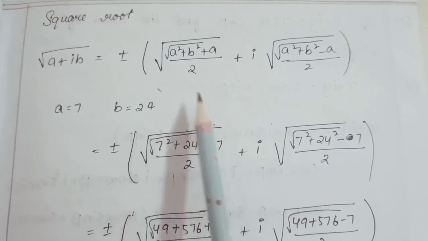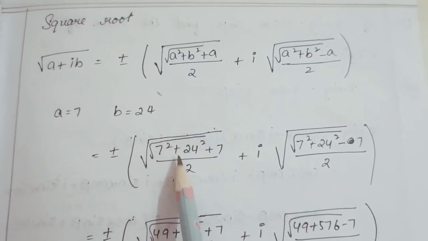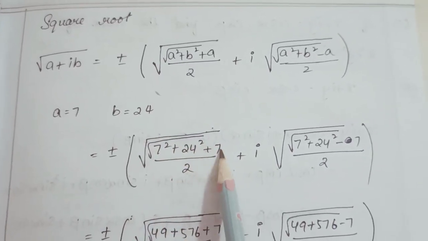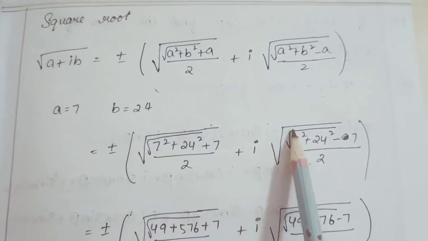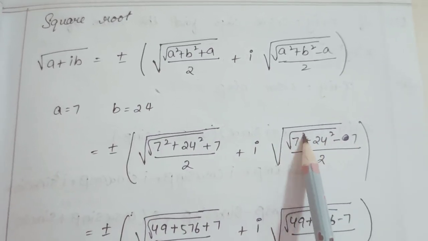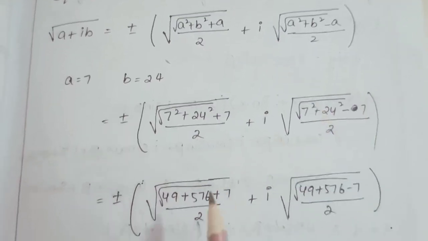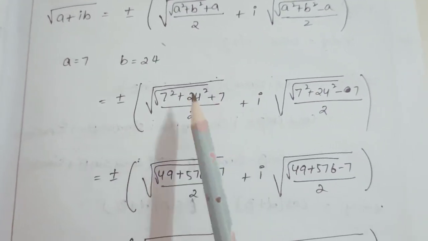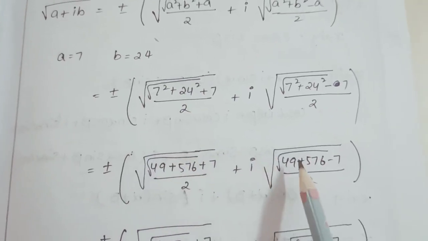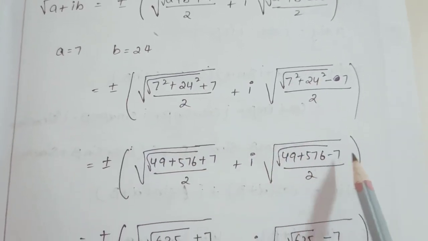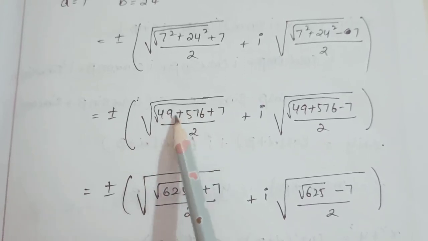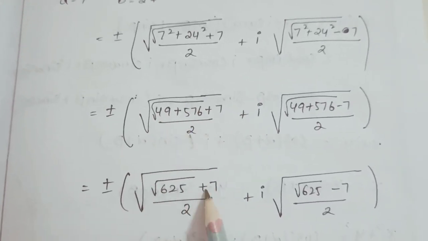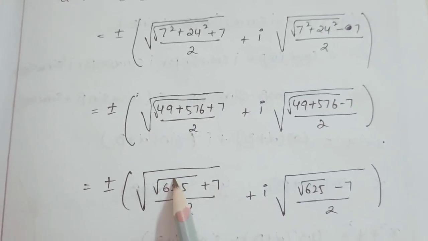Under root of 7 square plus 24 square, plus 7, by 2, plus i under root, same as it is, 7 square plus 24 square, minus 7, by 2. 7 square is 49 plus 24 square is 576. Now add these two and you will get 625 plus 7. This 7 is outside the small root.